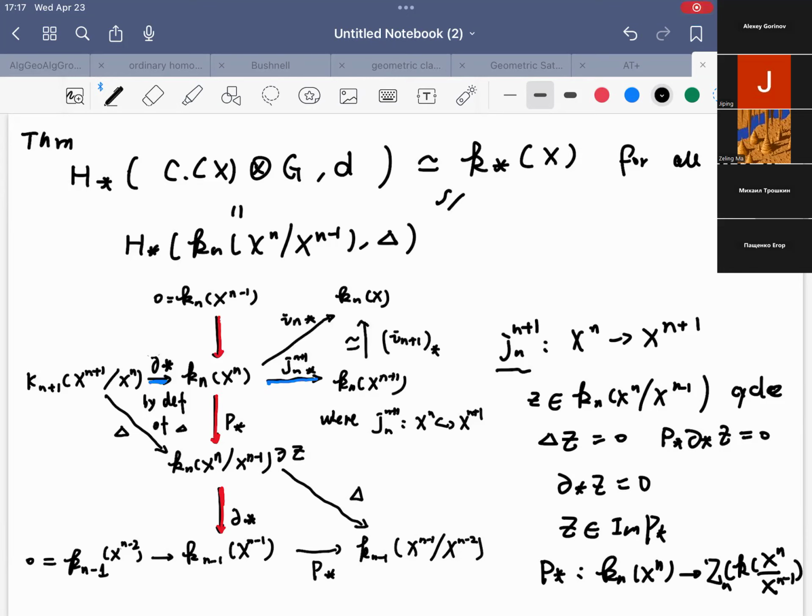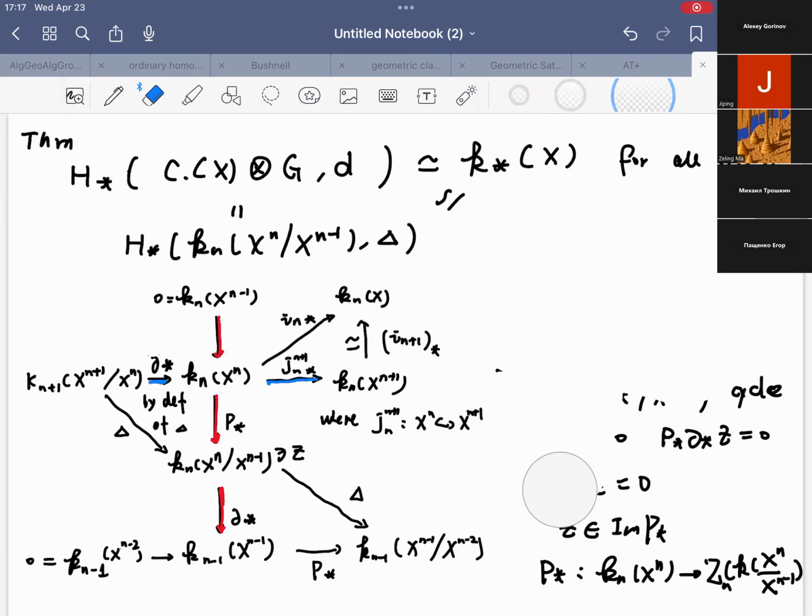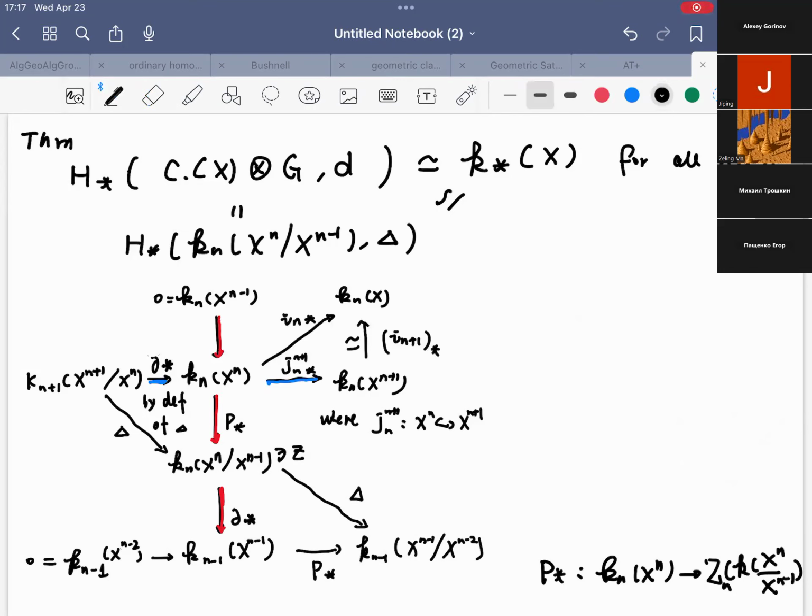Okay. So next, I want to check the cocycle. So I can clean this part. This is an isomorphism.